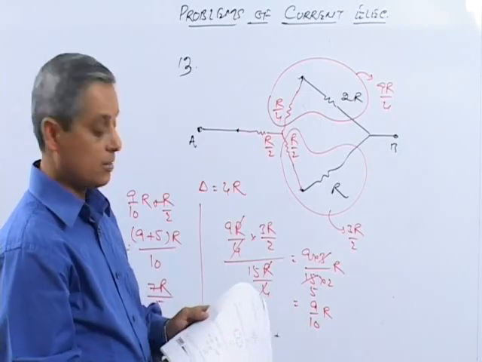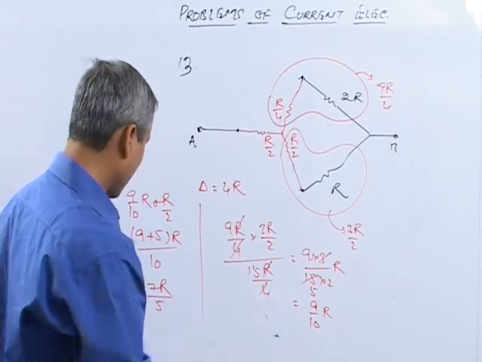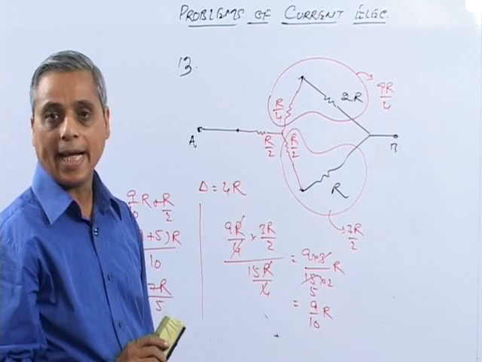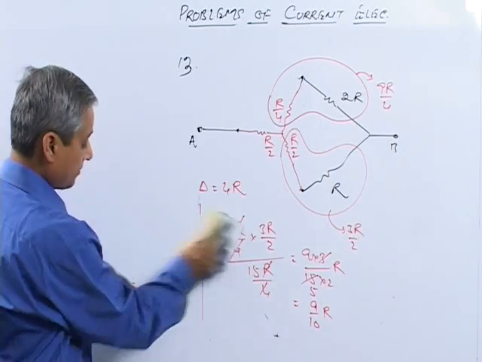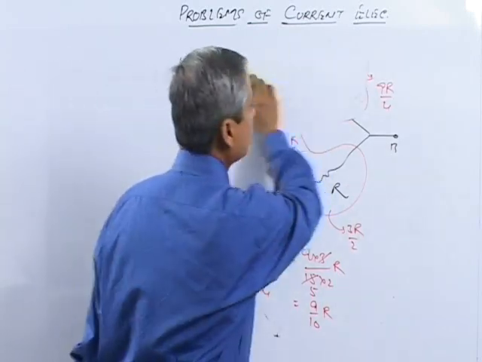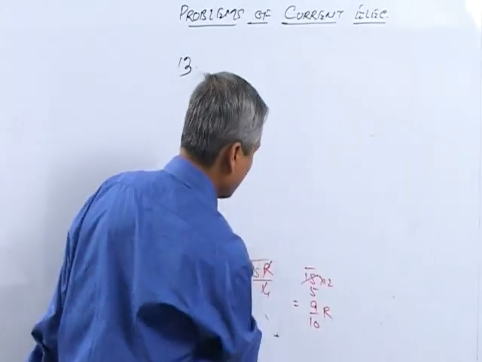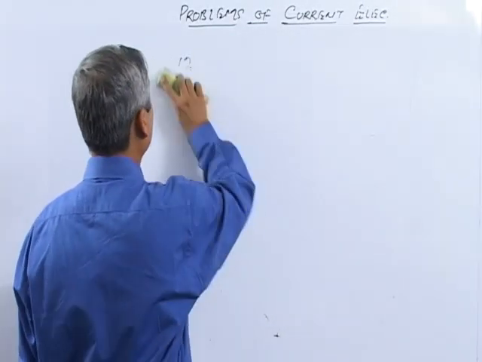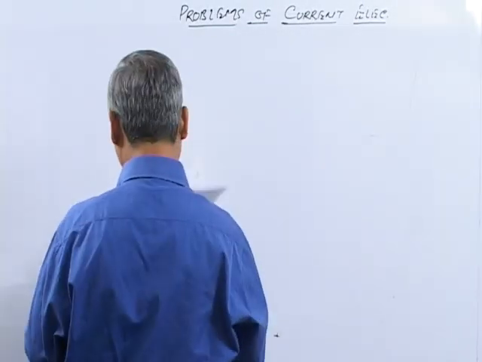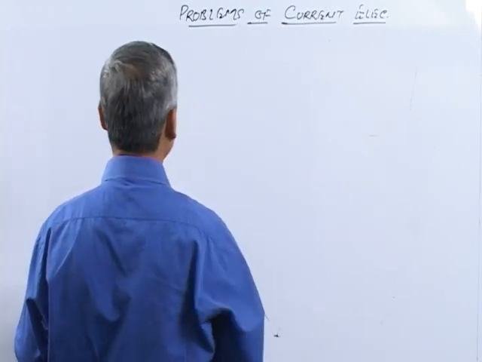Now let us talk about question number 14, and question number 14 again has a diagram containing several resistors. Let's see what question number 14 goes like.